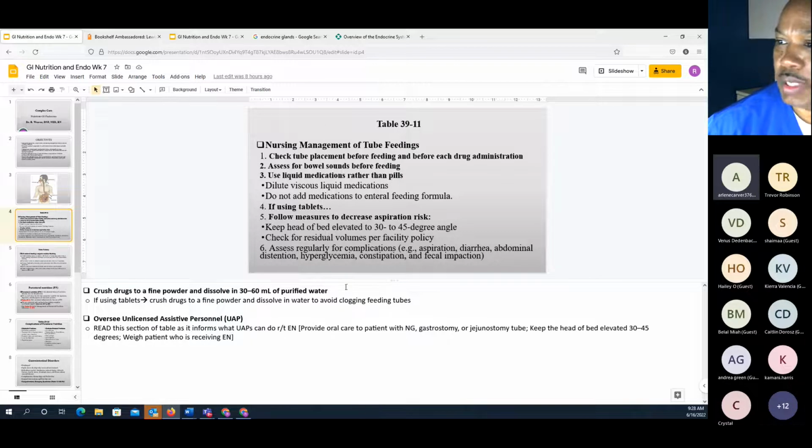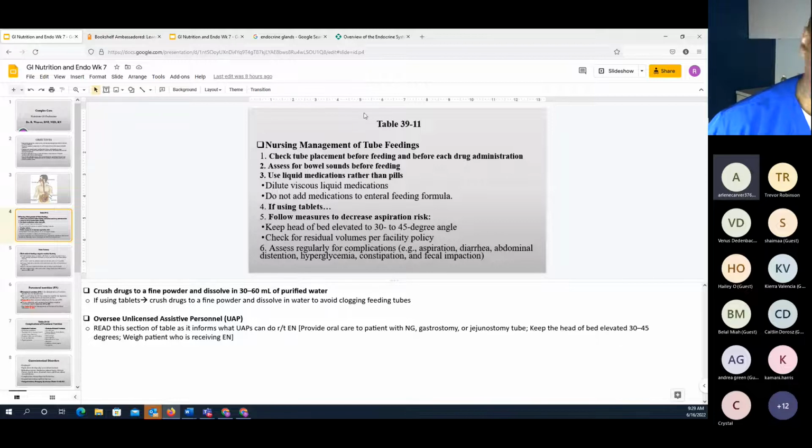Take a look at this table here. It tells us how to administer medications through your tube. Again, this is not rocket science. For example, if using tablets, crush drugs to a fine powder and dissolve in water to avoid clogging tubes. I'm not going to reteach this stuff to you, because you all know it already, right?